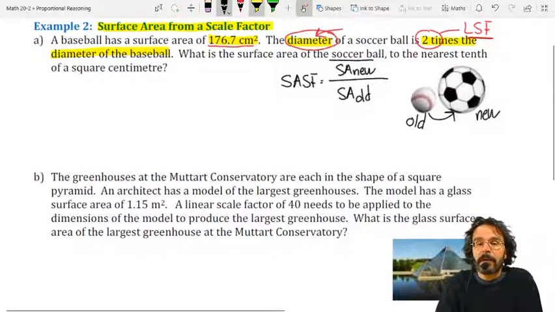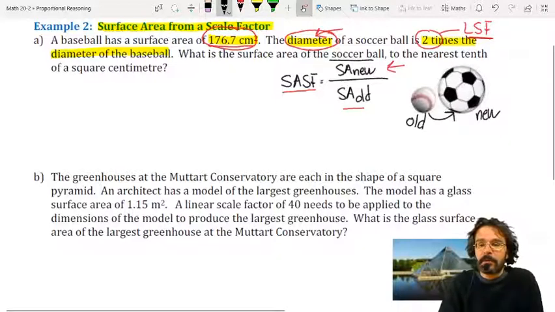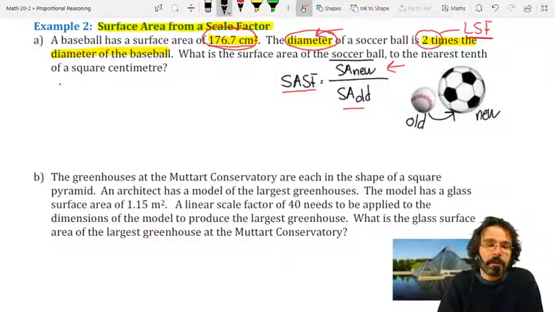In this equation, we can determine the surface area scale factor because we have the linear scale factor. We also have the surface area of the baseball, and we're looking for the surface area of the soccer ball, the new object. Before plugging in, we need the surface area scale factor.